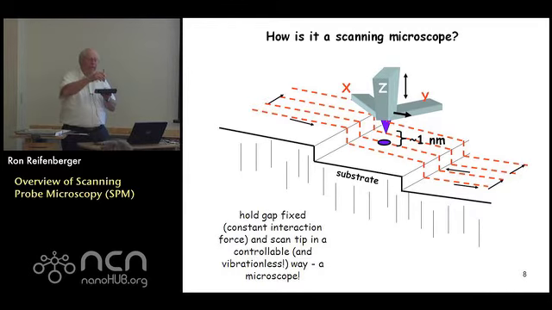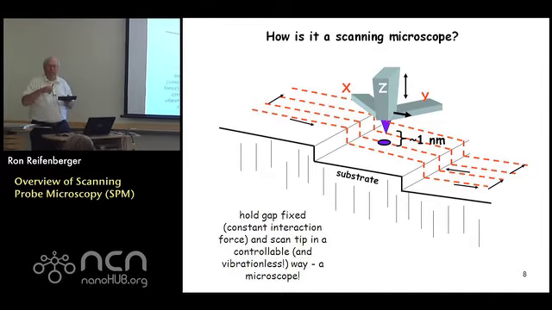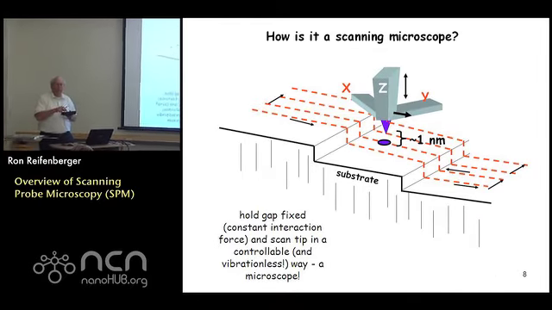Well, the tip is going to have to jump up in order to keep the force between the tip and the feature fixed. And if you could monitor how much the tip jumps up when it scans over that feature, then you're actually measuring the height of that feature, right? So that's how you get the information about the third dimension with a scanning probe microscope.